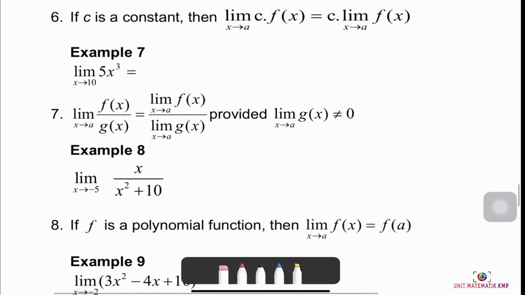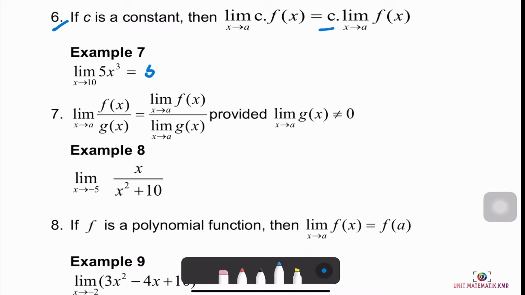Alright, so the next property is property number 6 here. If c is a constant, then the limit of c multiplied by f(x) as x approaches a, we can write the c at the front because c is a constant. So for example 7 here, we have the limit of 5x to the power of 3 when x approaches 10. This one we can write straight away.